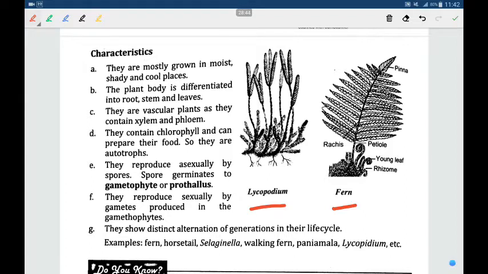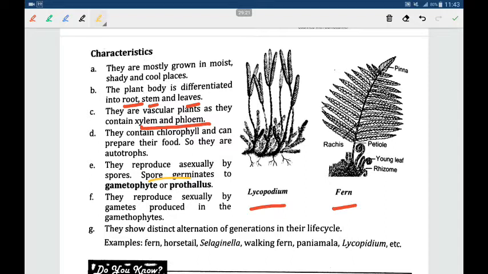Characteristics of Pteridophyta are: their body is divided into root, stem and leaves. They contain xylem and phloem. Next, they reproduce by spores. Understood or not?